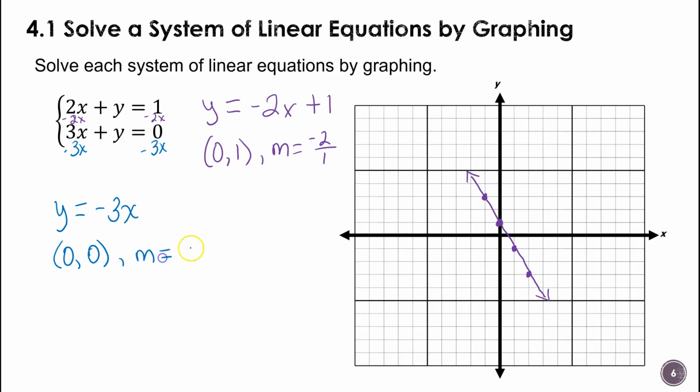My slope is negative 3, and we write that over 1, so we have rise and run. So starting at 0, 0, I'm going to count down 1, 2, 3, right 1. Notice how close that is to that. Now I'm going to go the opposite way. 1, 2, 3, left 1. And you can see that we're going to intersect right there.